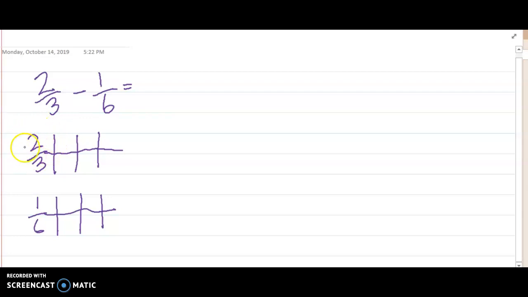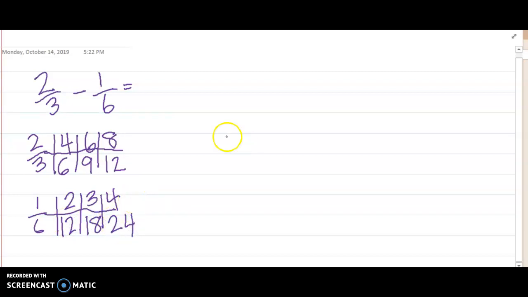I'm going to count by multiples of 2: 2, 4, 6, 8. Multiples of 3: 3, 6, 9, 12. Same thing down here. Multiples of 1: 1, 2, 3, 4. Multiples of 6: 6, 12, 18, 24.